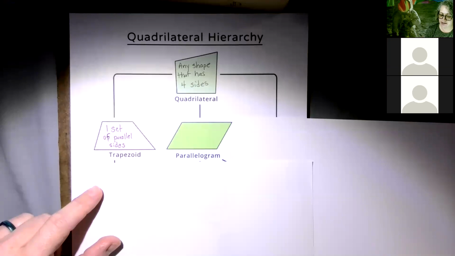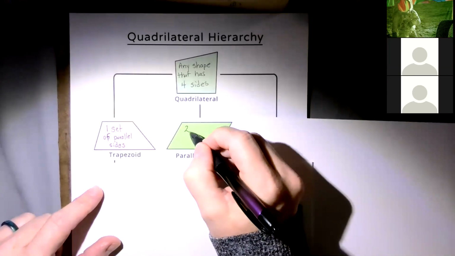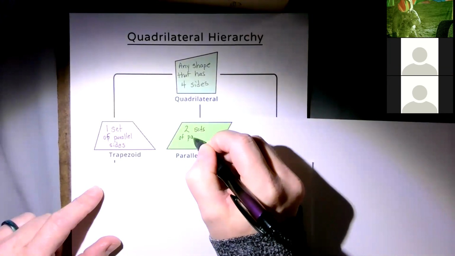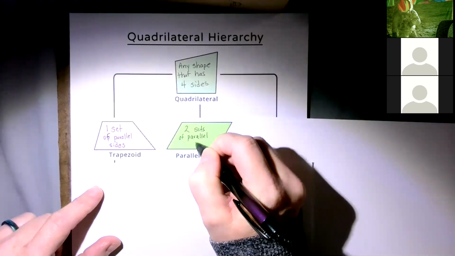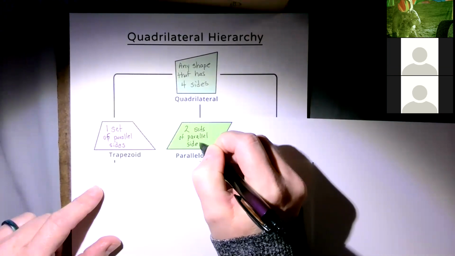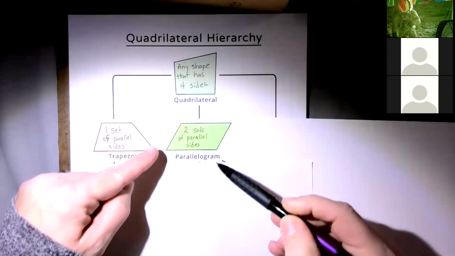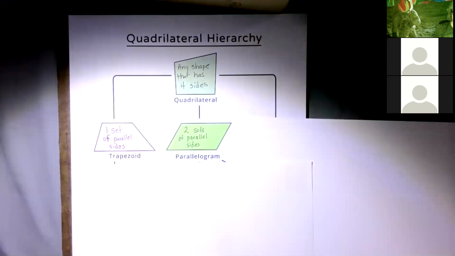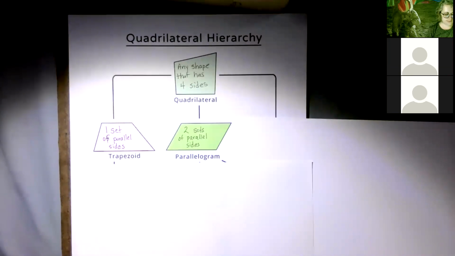What could we say about it? It has two parallel sides. It's got two sets of parallel sides. And they're always the opposite of each other. So this left and right, they would keep on going, and the top and bottom would keep on going. They would never cross.